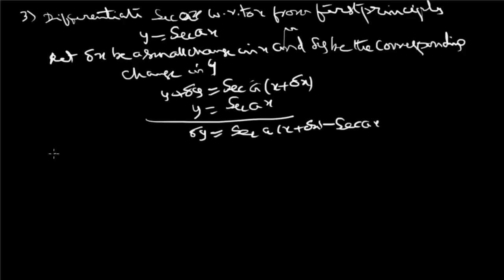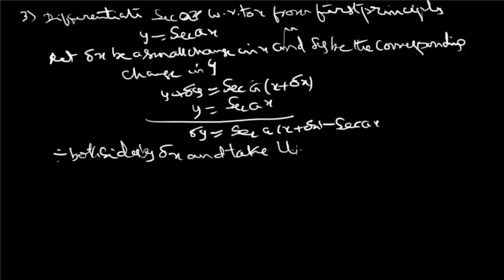So as usual we divide both sides by delta x and take limits as delta x tending to 0.